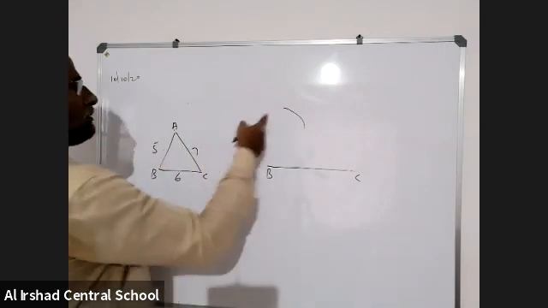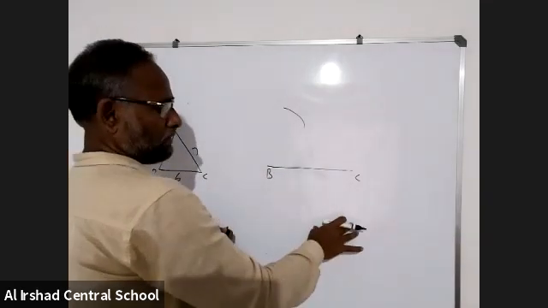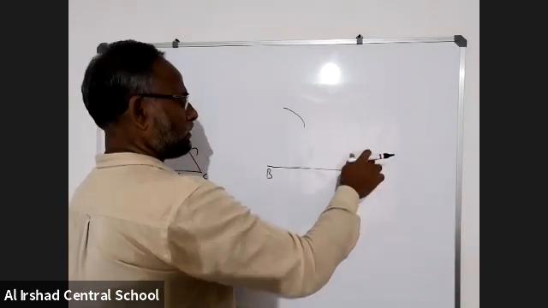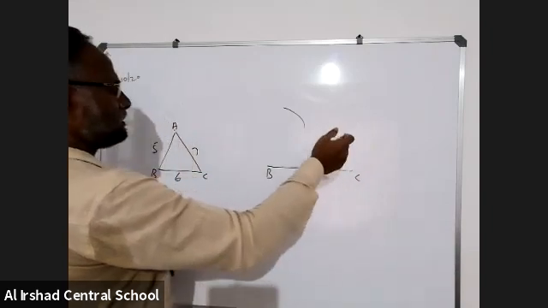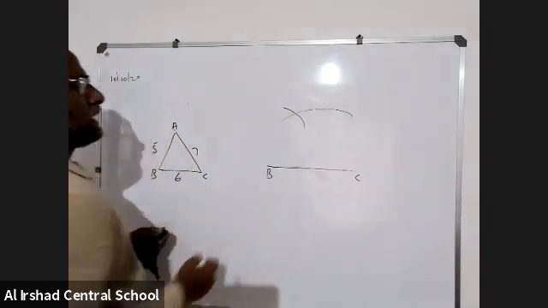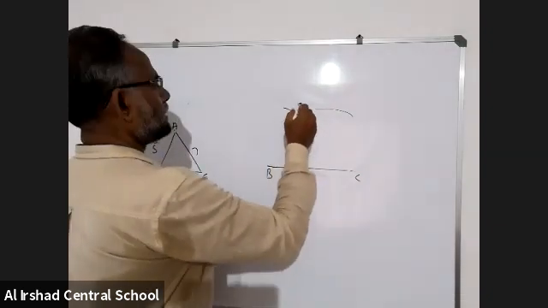This is 5 centimeter. Now from C, 7 centimeter. Again take the 7 centimeter, and from here draw an arc of the compass. Put another one. Now you are getting the point.